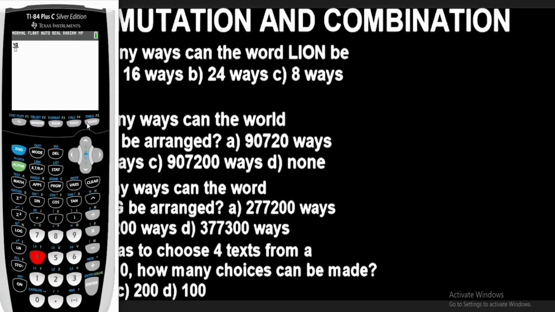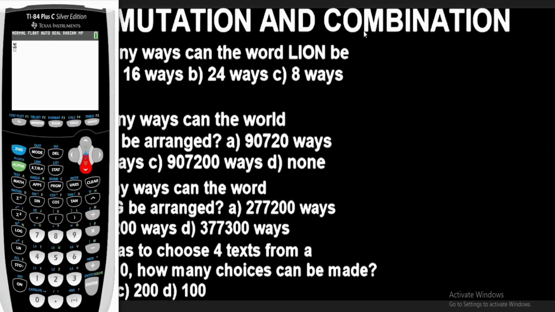To bring out the factorial symbol, there are 2 ways. You can press the math button, then navigate to probability, and you see it here, option 4. Over that, each distinct letter, there is no duplication of any letter that makes up the word LION.